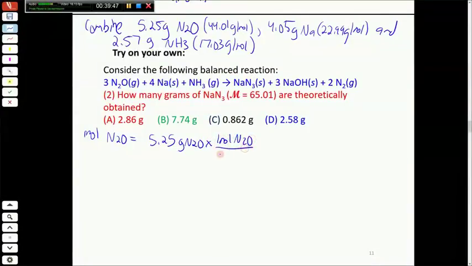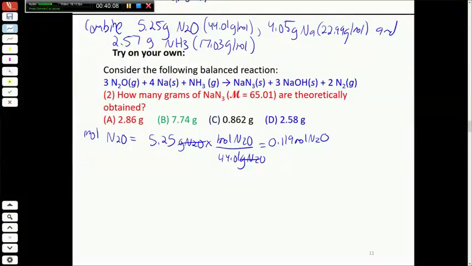And the molar mass is 44. So we get 0.119 moles of N2O.